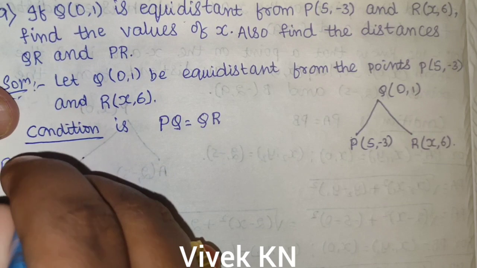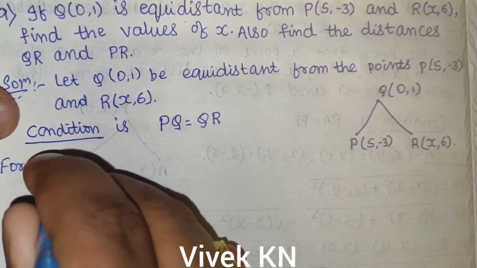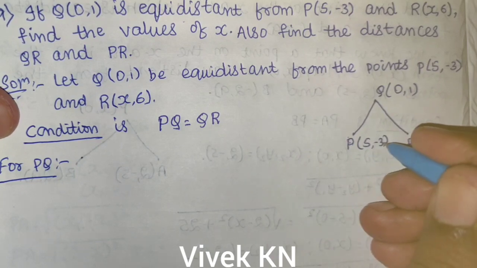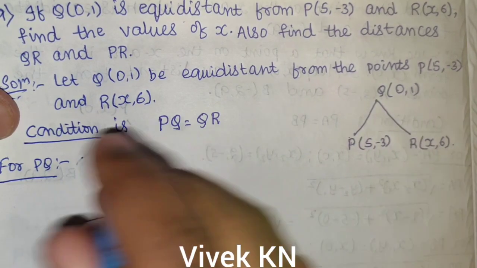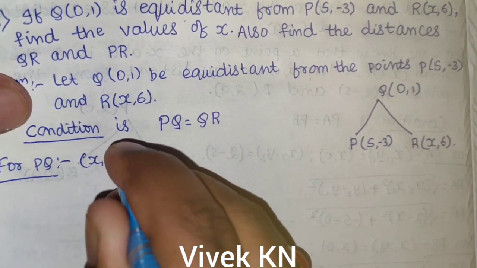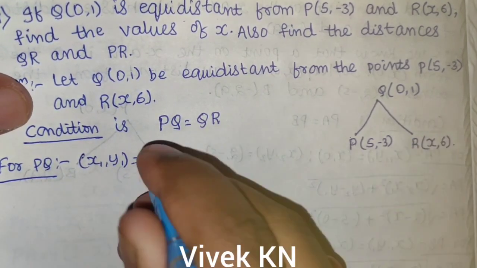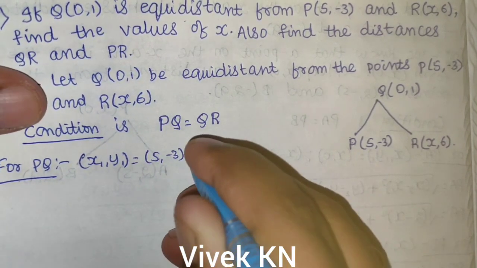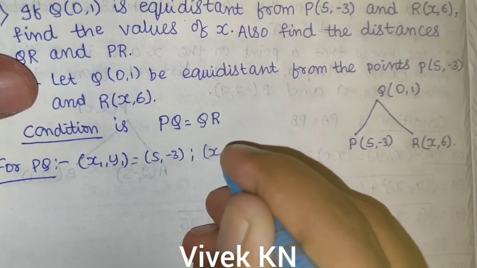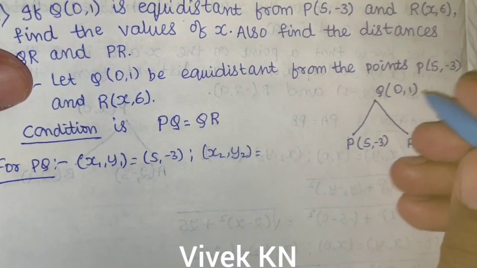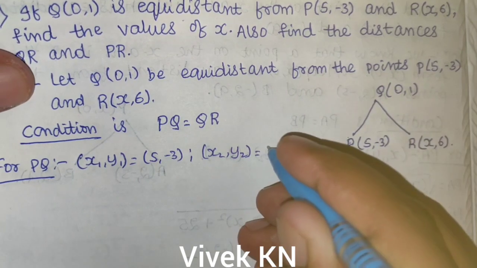For PQ, this is x1, y1 and this is x2, y2. x1, y1 is 5, minus 3. x2, y2 is 0, 1.